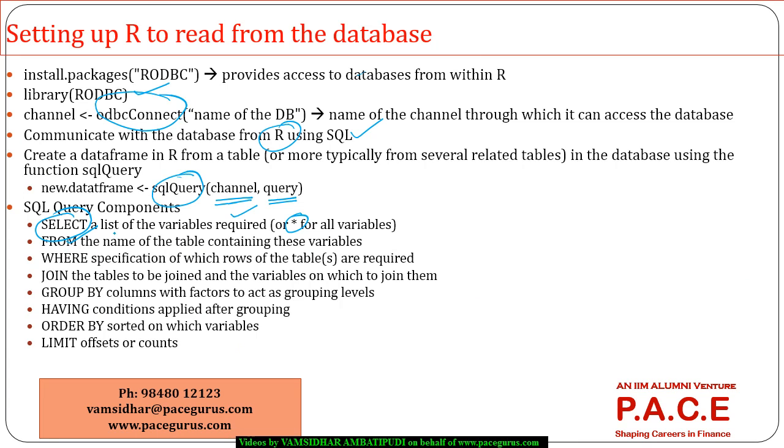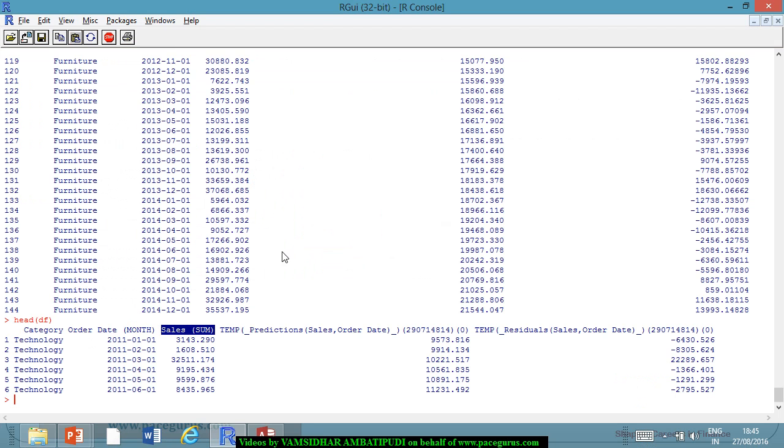FROM is the name of the table containing the variables. You can specify WHERE, which talks about which rows of the table are required, right? If I typically specify where the sum of sales is greater than 10,000.